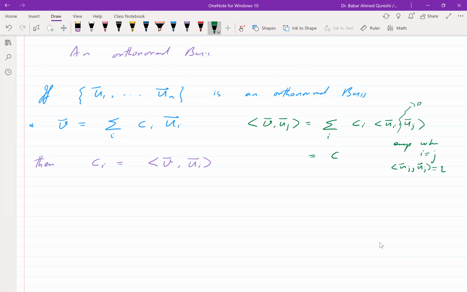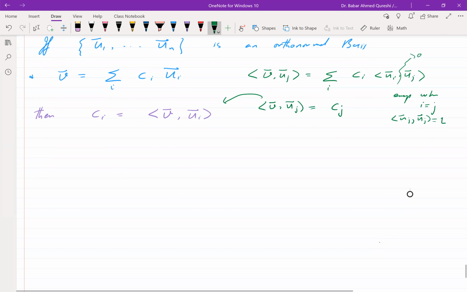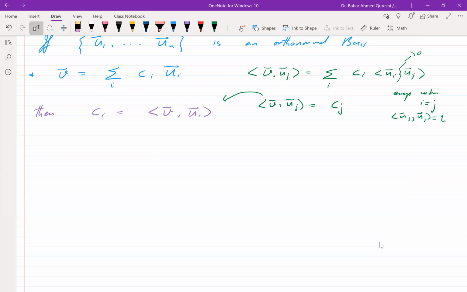So you are left with cj is equal to the scalar product of v with uj. That's what I did over here. And so it's very easy to compute the expansion of any vector in terms of an orthonormal basis.